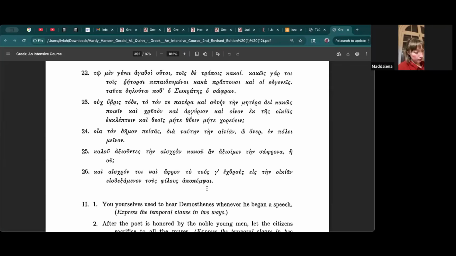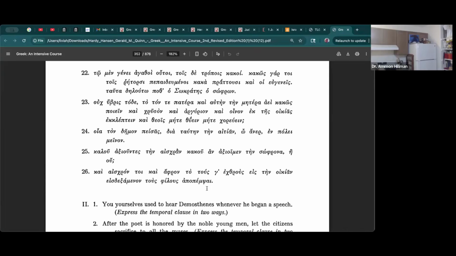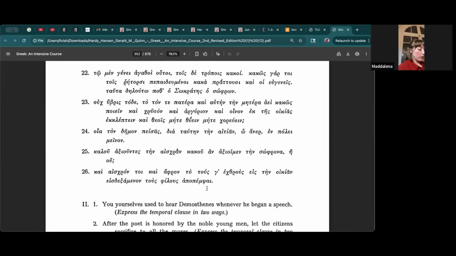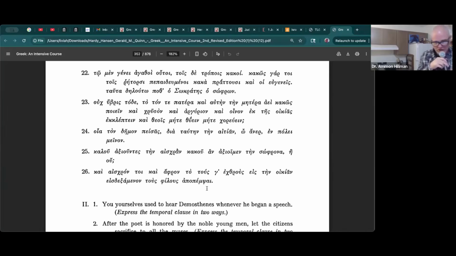Oxyoimen. What kind of verb is oxyoimen? Oimen, oisen. Could be an optative there, couldn't it?